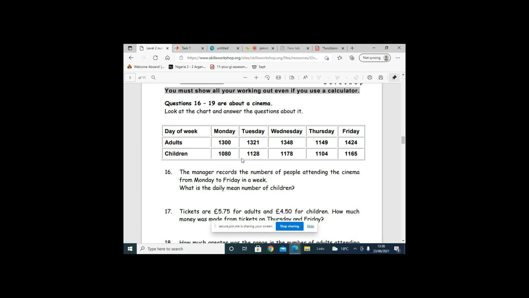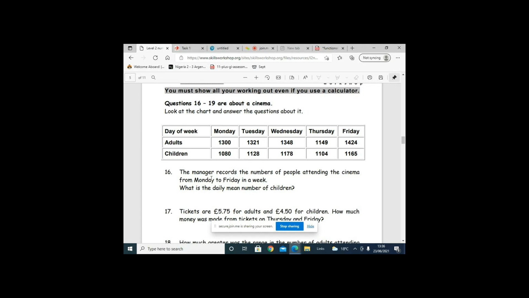Are you done? Are we allowed to use calculator? Yeah, you can use calculator for this. The mean for the adult is... No, I'm talking about for the children.